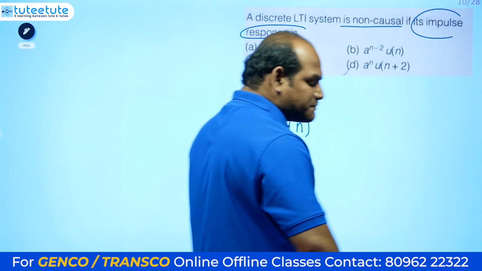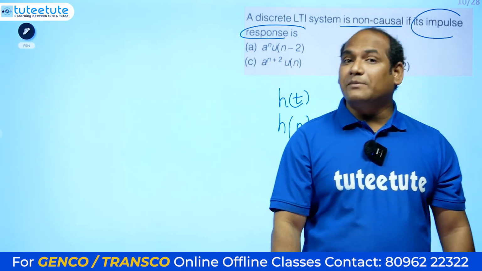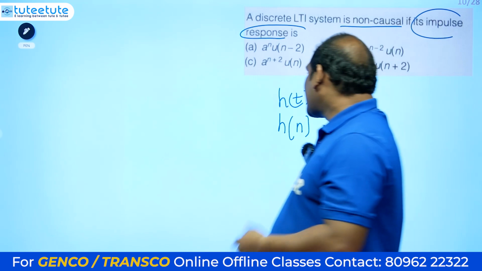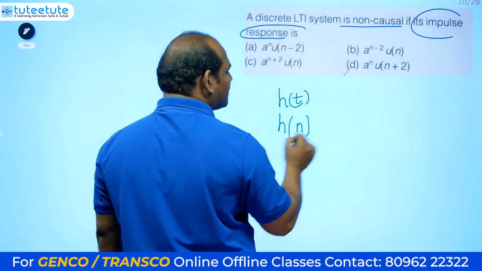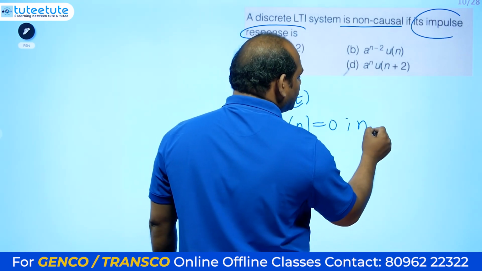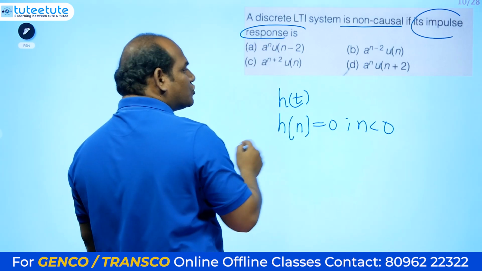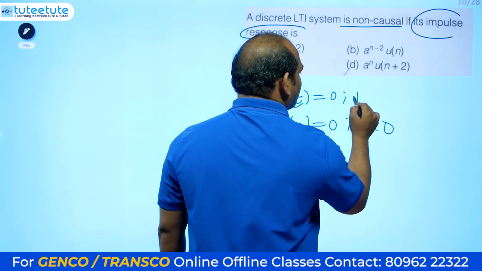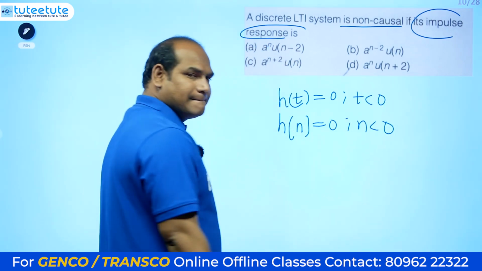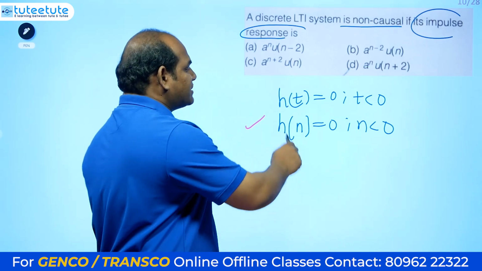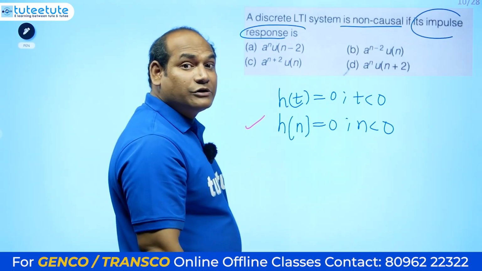With respect to this impulse response we need to comment on causality. Causality means we should get h of n equal to 0 for all negative values of n. In the continuous domain, h of t is equal to 0 for all negative values of t. Anyhow, here the question is related to the discrete domain. So h of n must be 0 for all negative values of n.